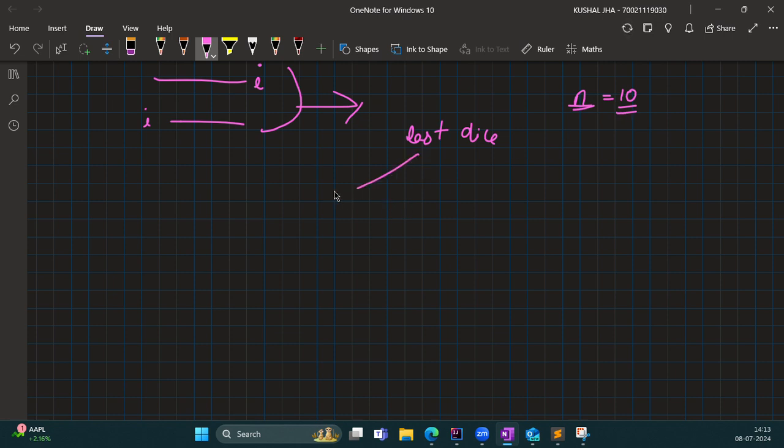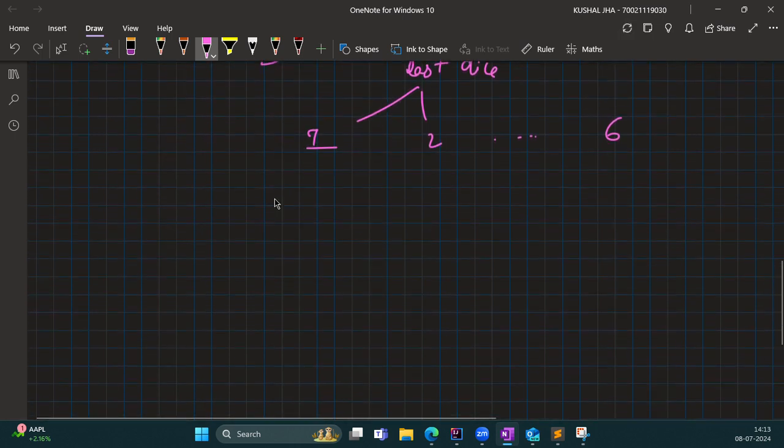So what are all the possible values that I can get while throwing my last dice? It would be 1, 2, so on up till 6. So let's say the last dice is 1, and let's assume that throwing this last dice makes my sum equal to 10.